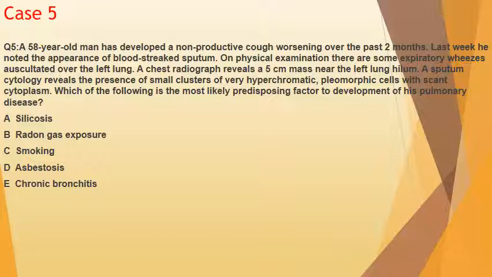Which of the following is the most likely predisposing factor to the development of his pulmonary disease? Do you know what the type is? You have to know the type of the tumor to know the type of predisposing factor that led to the development of the disease. I think it's an easy question.